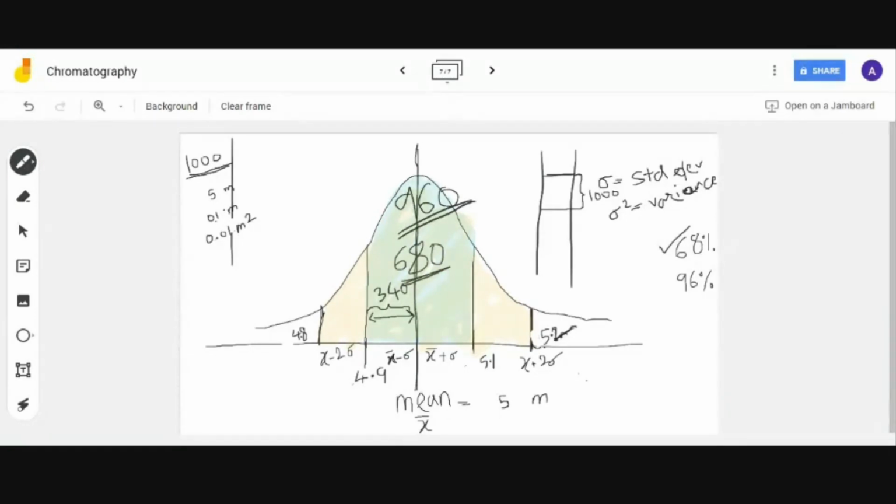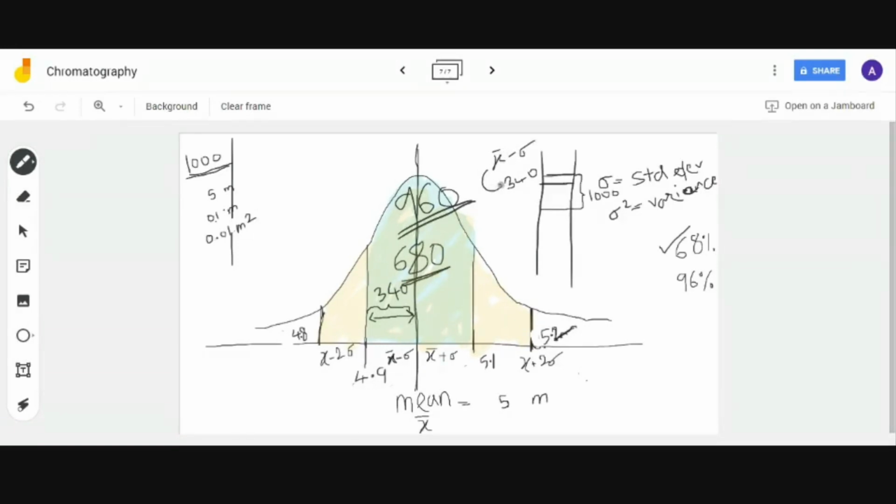Only part of it, considering that the drug is distributed evenly, there will be a small part of the column which contains 340 microgram. Now where did this 340 come from? It comes from your mean, x bar minus sigma, that is your standard deviation.